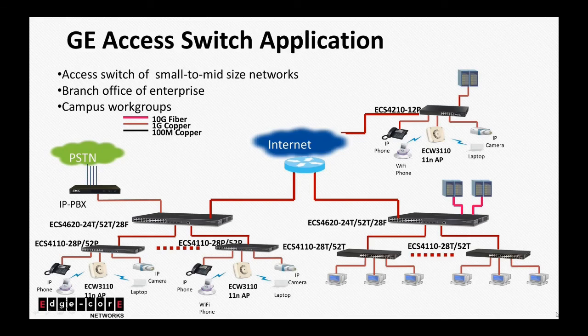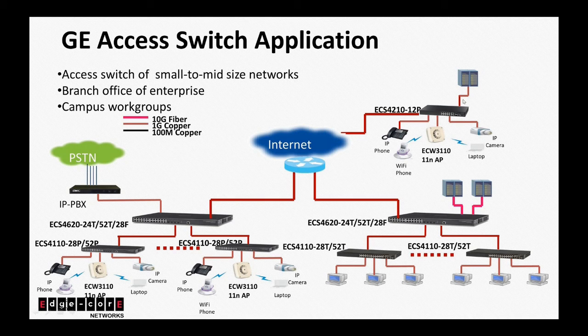And here I show you the typical access switch application, gigabit access switch and aggregation switch application. So we provide different switches without PoE, which connect to the PC or laptop with different port counts, like 28 port, 52 port, and 12 port.